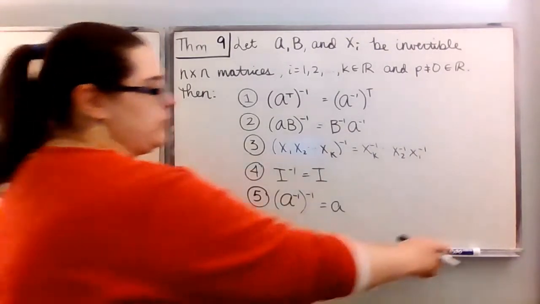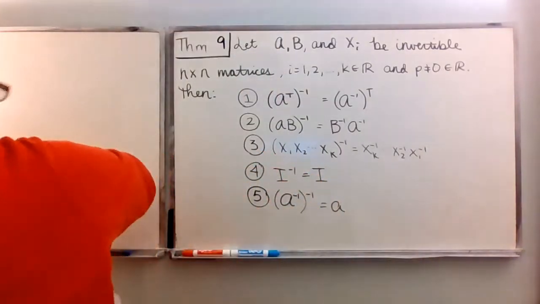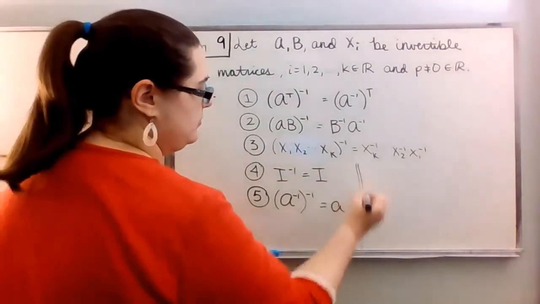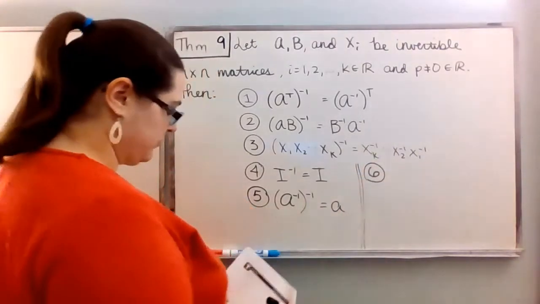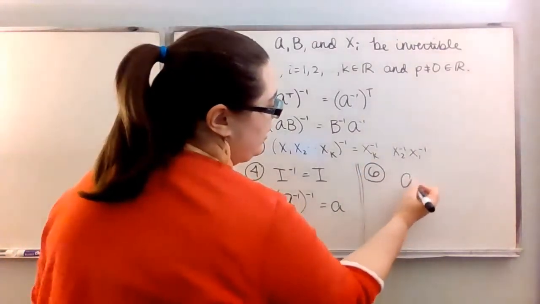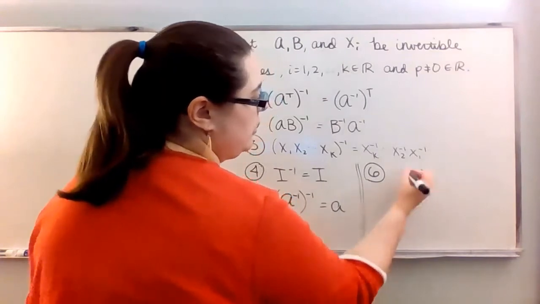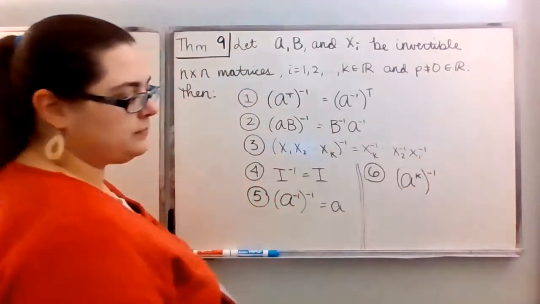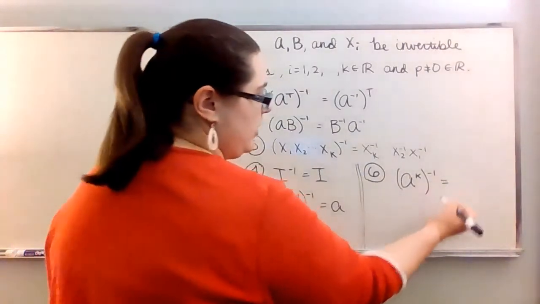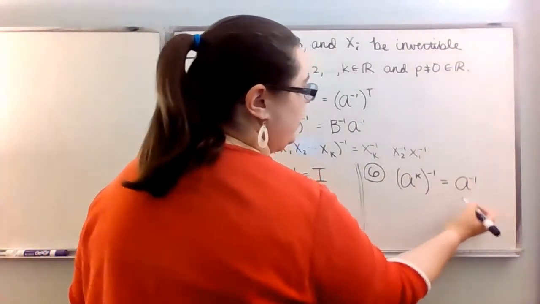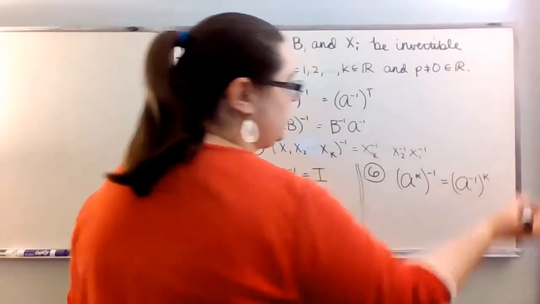I'm running out of room, so I'm going to continue over here. So this is our 6th property. It says if I have A to a power and I wish to invert it, then I can find the inverse of A and raise it to that power.